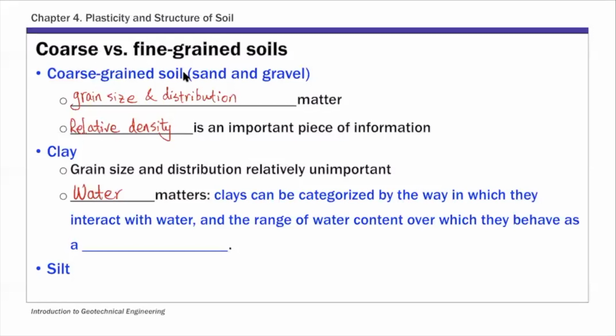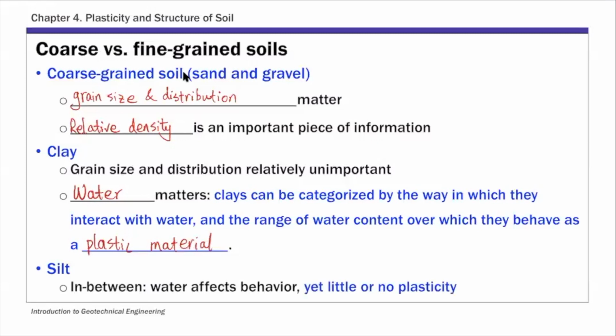Okay. So as I wrote here, clays can be categorized by the way in which they interact with water and the range of water content over which they behave like a plastic material. And we'll talk more on that today. So how clay interacts with water and how water content changes clay's behavior.